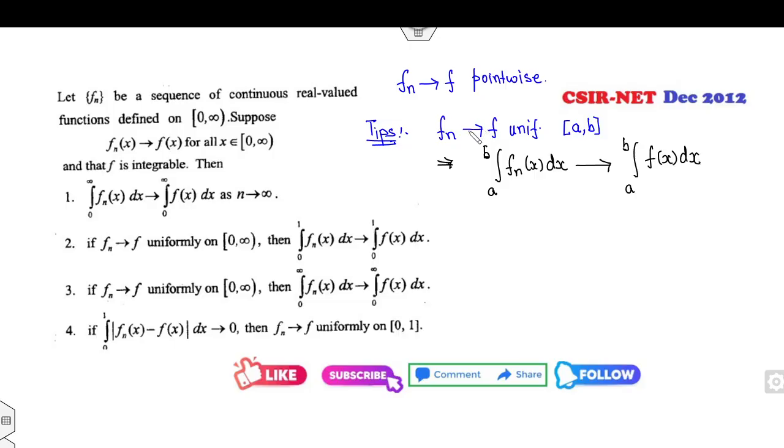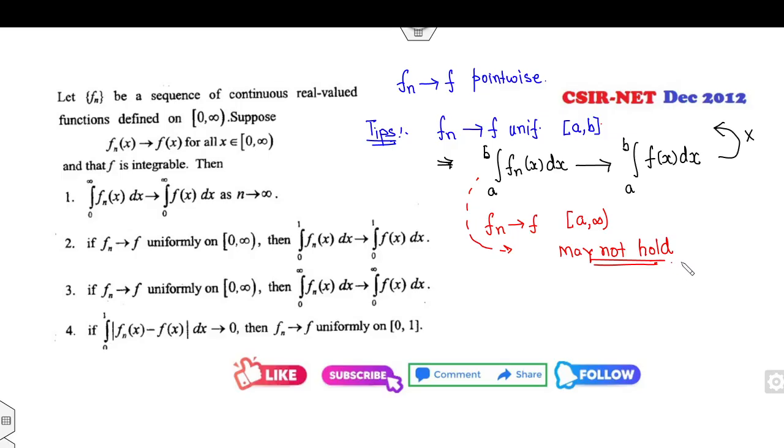If fn converges to f uniformly on the closed interval a comma b, then this holds, while the converse may not be true. Secondly, if instead of this interval, fn converges to f over the interval a comma infinity, then this quantity may or may not hold.